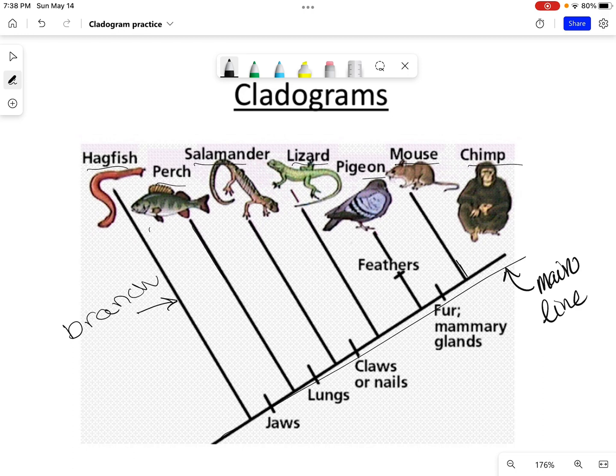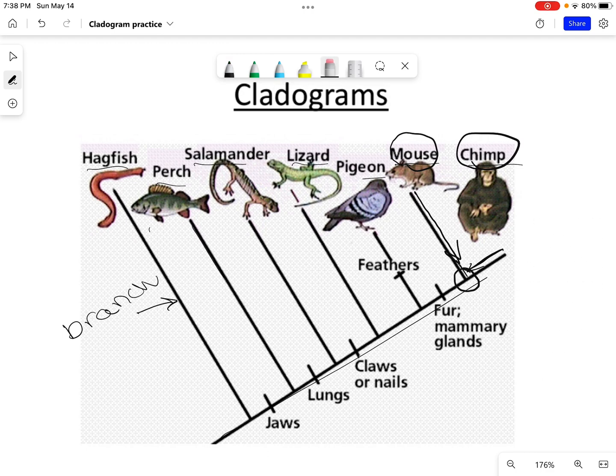So for each branch, we have 1 species. And there's something really important about how all those branches fit together. It's what they show us. Let's focus on our mouse and our chimp. If we take the branch of the mouse and follow it back to the main line, the chimp's kind of on the main line, but we follow that main line back, we end up at an intersection point.